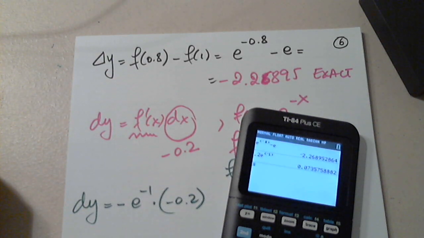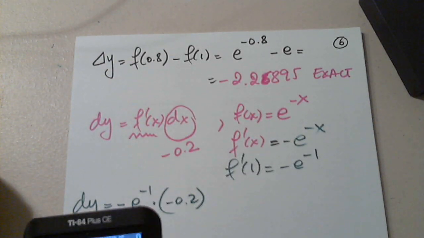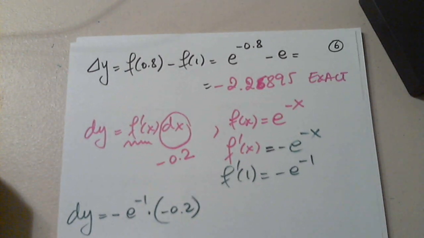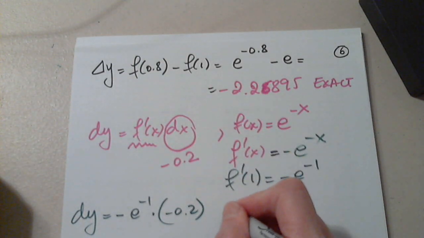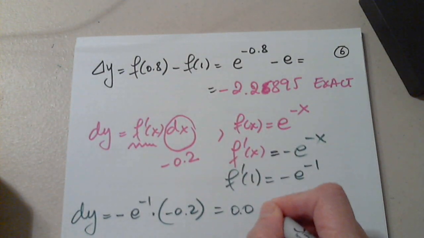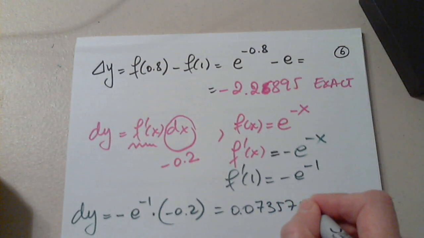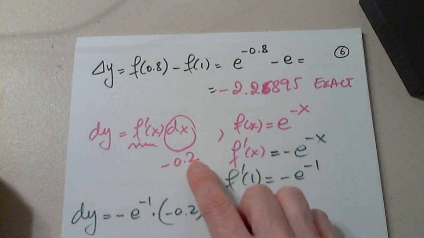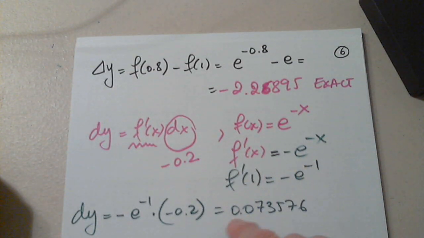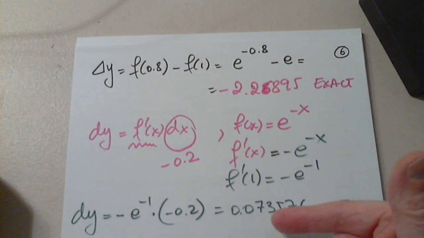And my calculations give us something that is not right. One or the other are not right. 0.073576. So it doesn't make any sense because they have to be close.